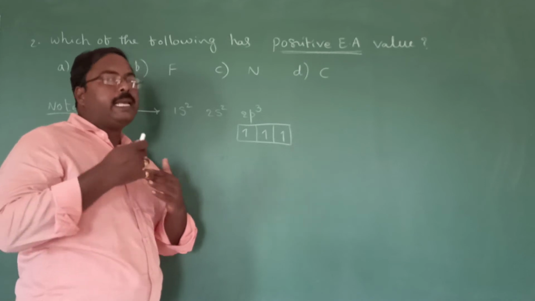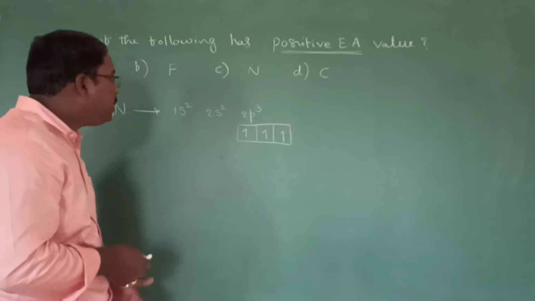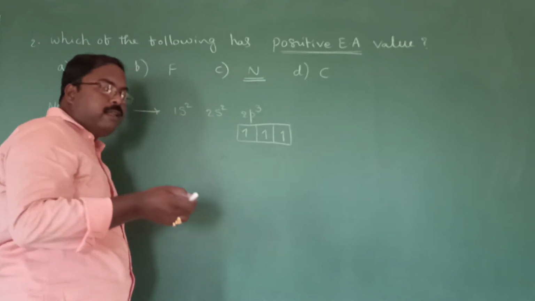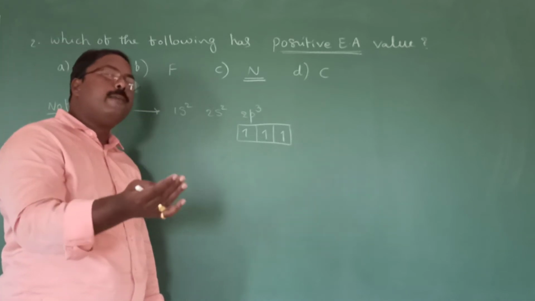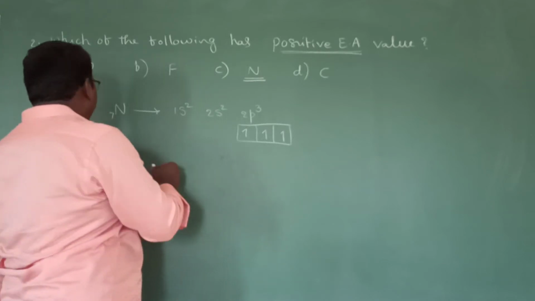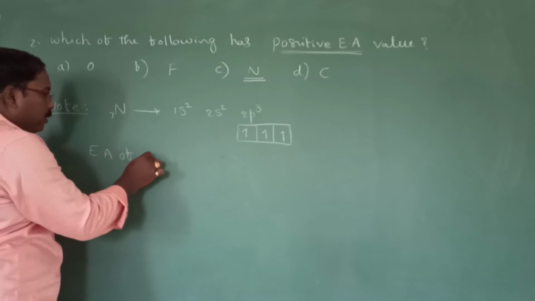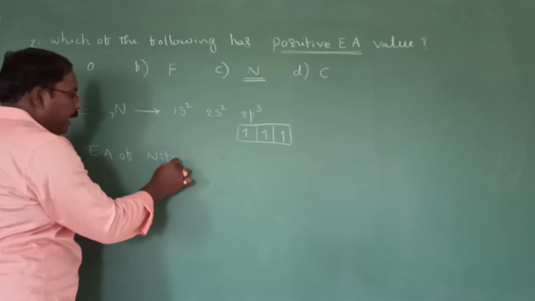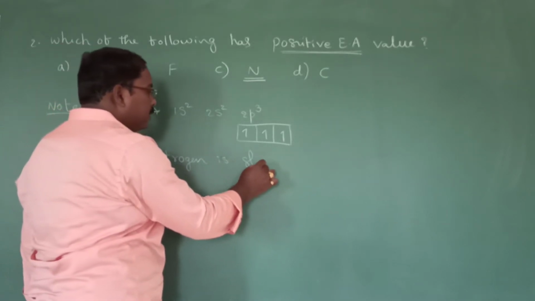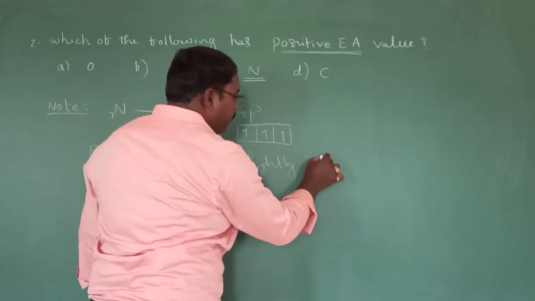We have discussed many times that no element wants to lose its stability. That is why, in the case of nitrogen, a small amount of energy is involved in adding the electron. So the electron affinity of nitrogen is slightly positive.